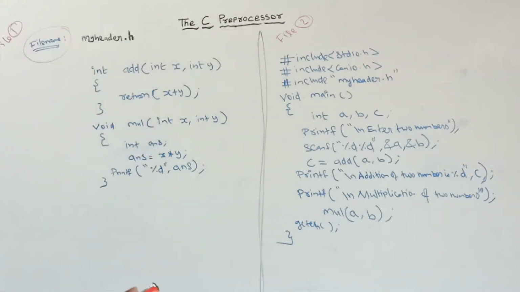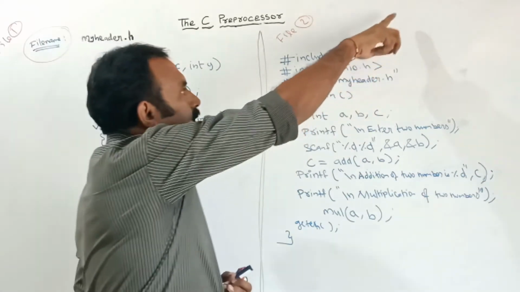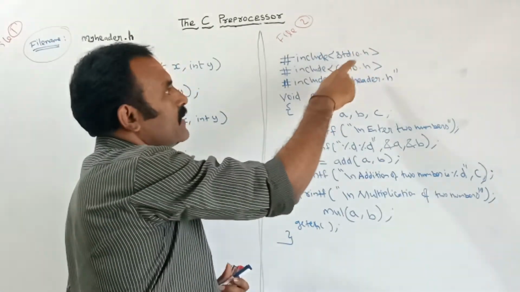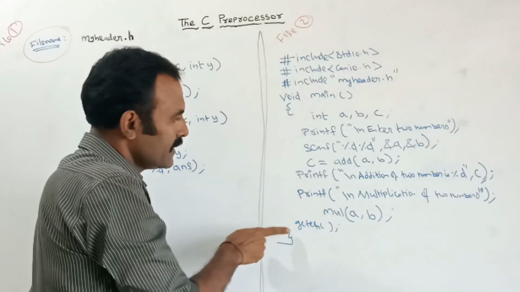It is a very simple program. Here I am including the system header files stdio.h and conio.h for using scanf, printf and getch.